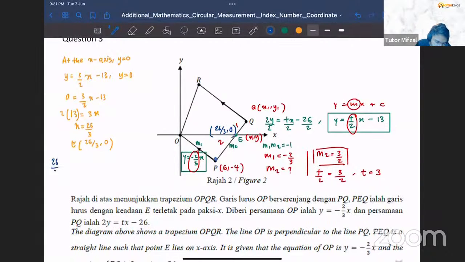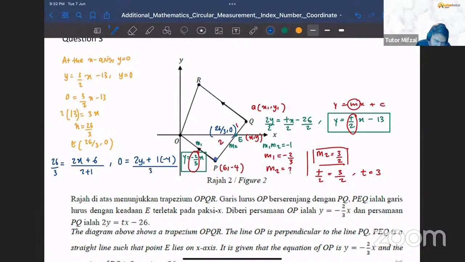So 26 over 3 is equivalent to, alright, you take 2 multiply with x, 2x, then you take 1 multiply it with 6, plus 6, divided by 2 plus 1. Okay, and then 0 is equivalent to 2 times y1 plus 1 times negative 4 and divided by 3.